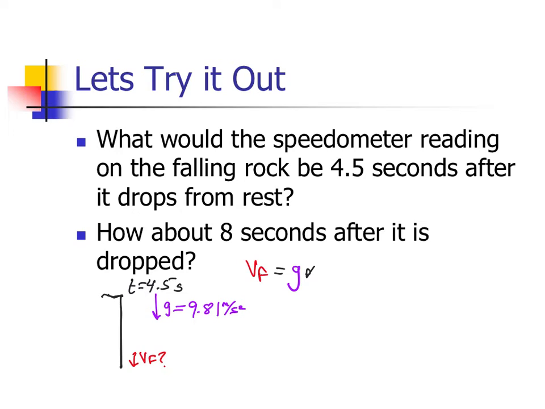Gravity times time. 9.81 meters per second squared times 4.5 seconds.